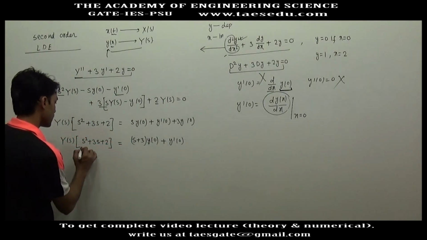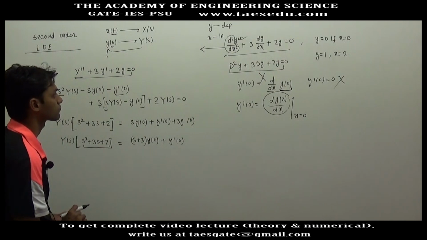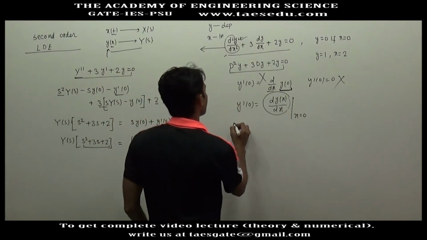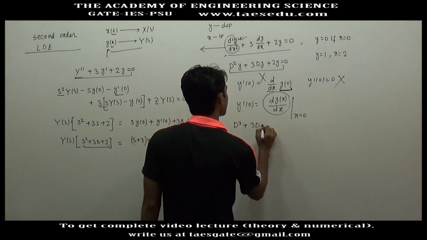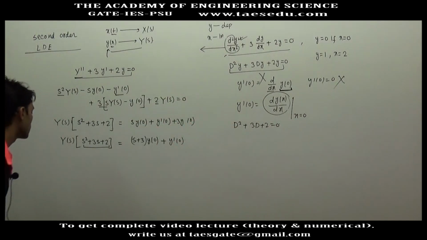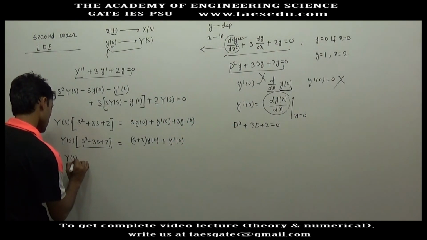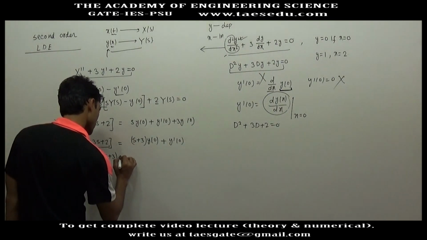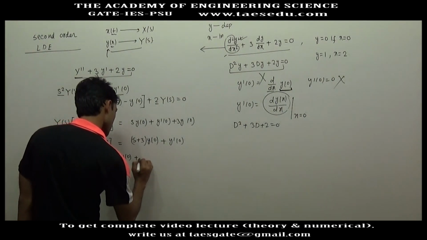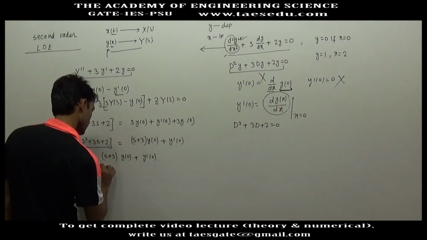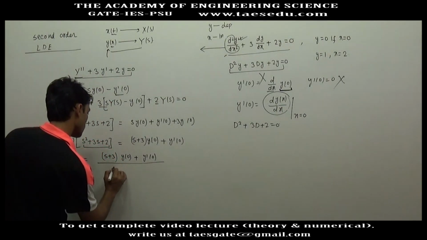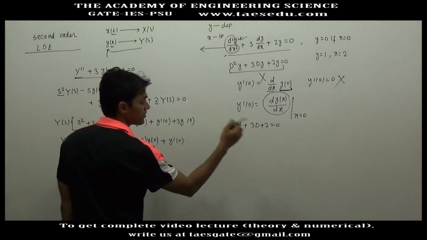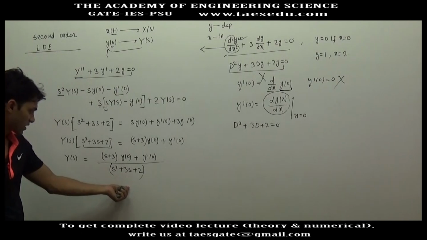So we are getting the same type of equation in terms of Laplace. S square plus 3s plus 2, just like d square plus 3d plus 2 equal to 0. Now here we can factorize it. ys is equal to s plus 3 into y0 plus y dash 0 divided by s square plus 3s plus 2. The way we factorized here, we will also factorize here.